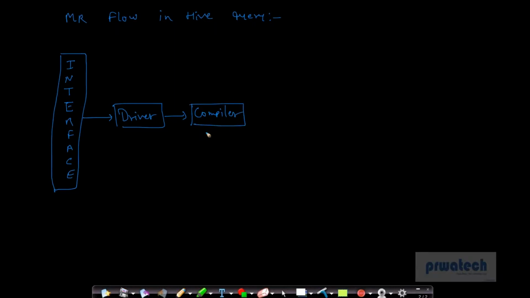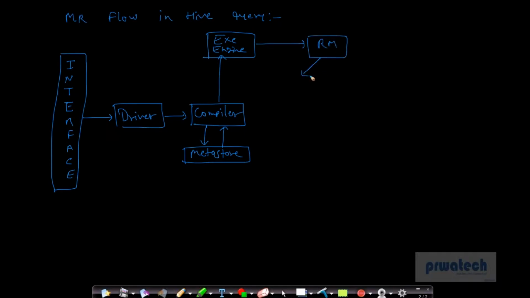Now compiler is going to metastore. Metastore is going back to compiler. Compiler is submitting this query to execution engine. Then execution engine is submitting this to resource manager, which is part of Yarn.